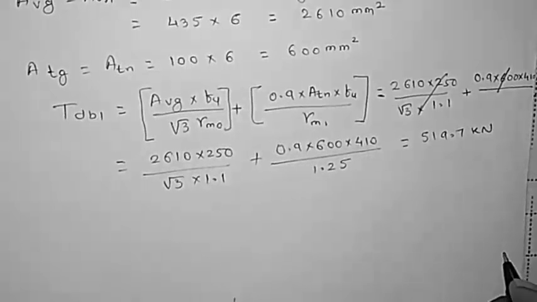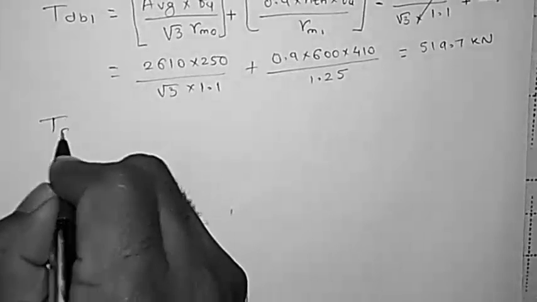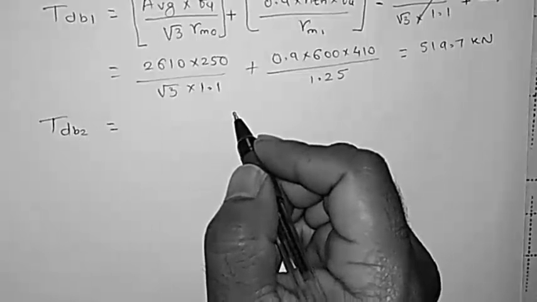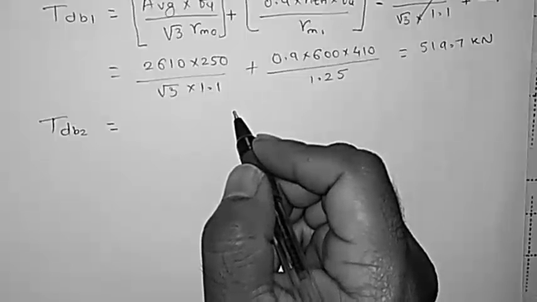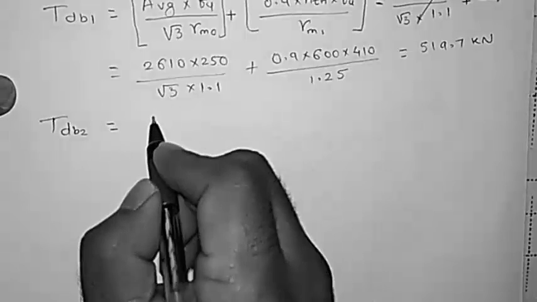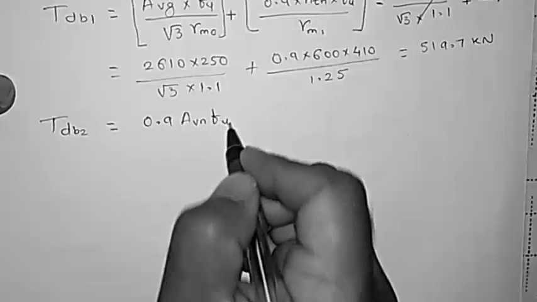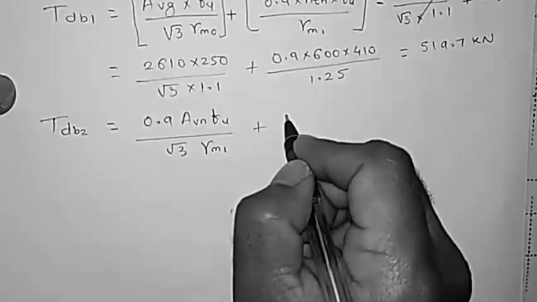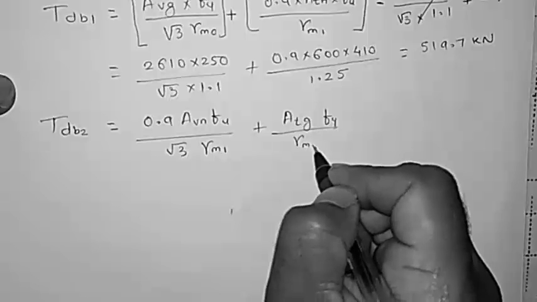So similarly we will calculate TDB2. Out of these two, whatever is the minimum that is to be considered as your block shear. So this is 0.9 AVN Fu by root 3 into gamma m1 plus ATG Fy by gamma mo.